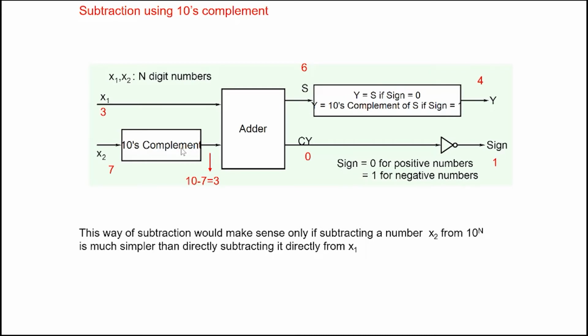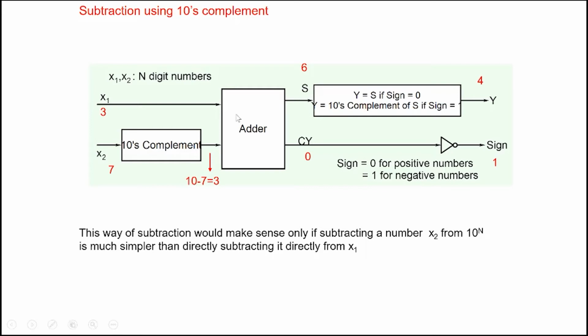If you had a circuit which could add up two numbers, then if you took a tens complement of that negative number and then added it up, you could do the subtraction with that adder also. We will see that in a minute.